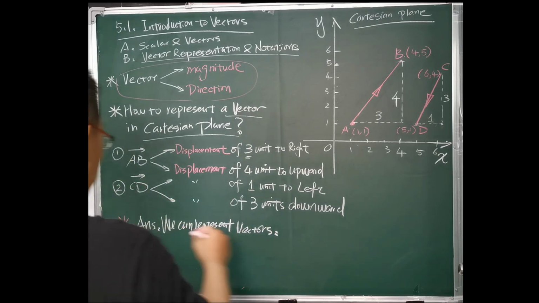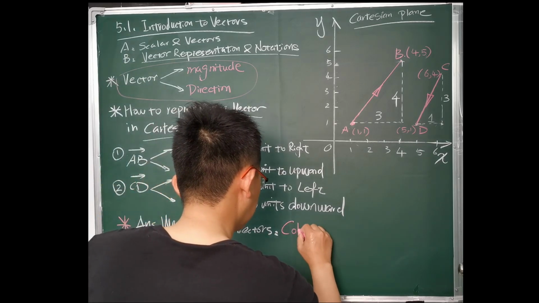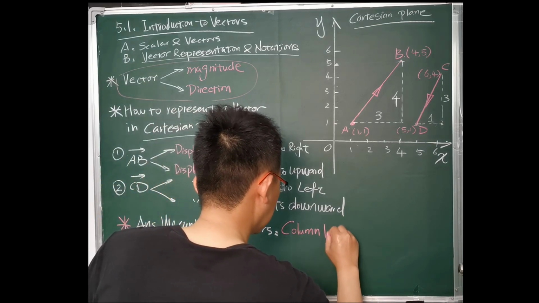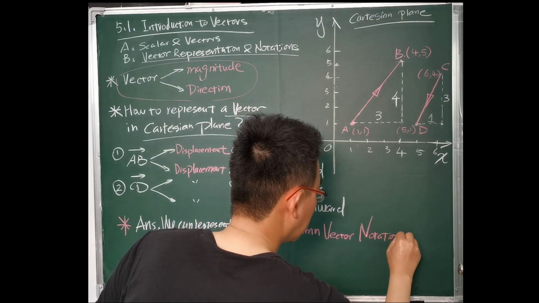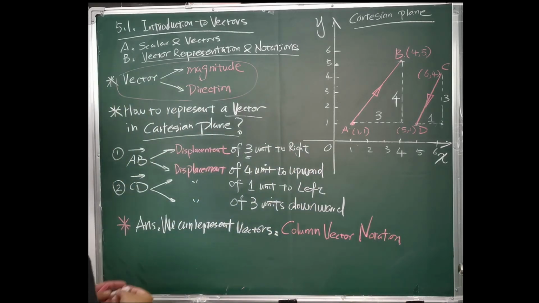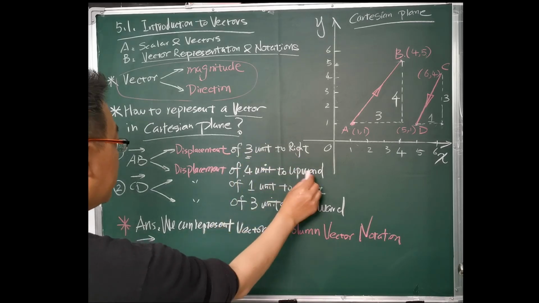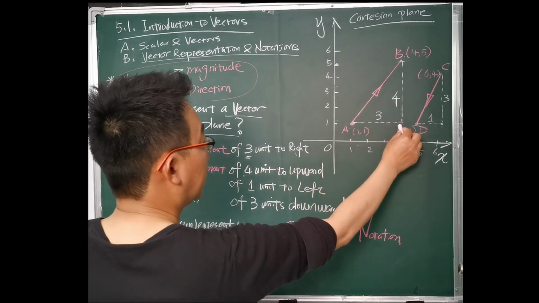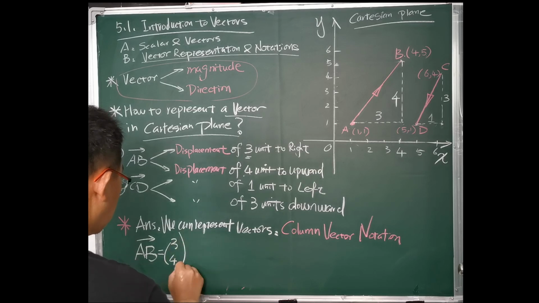We can write AB in this way: 3 units to the right, 4 units up. 3 to the right, 4 units up. So we can write this.